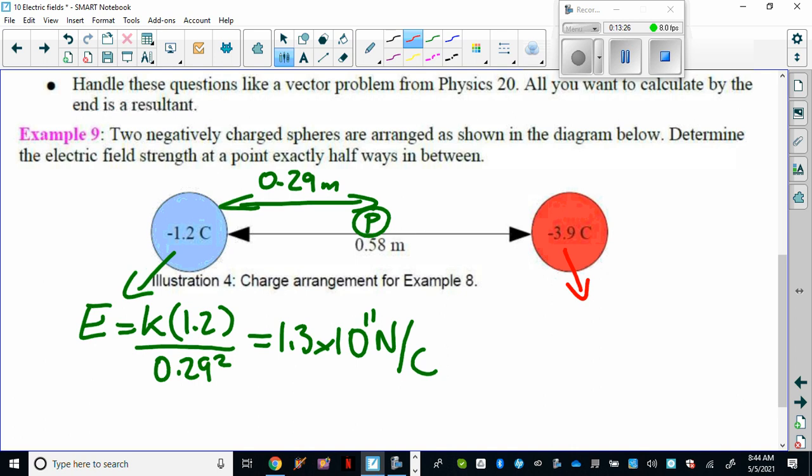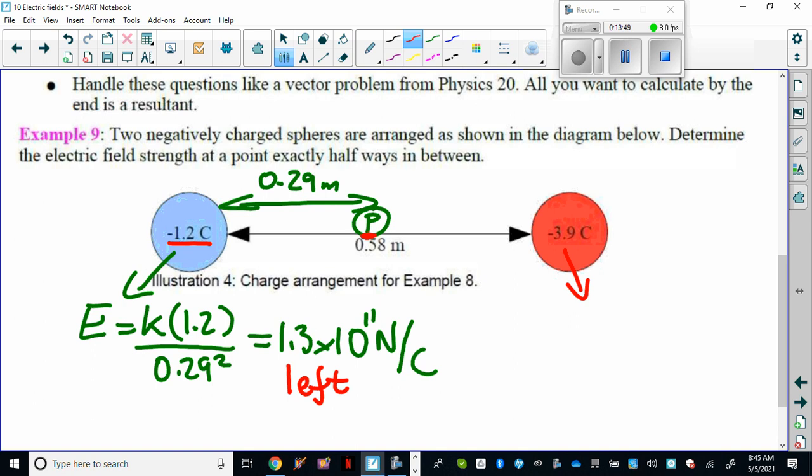Now, before we do that, let's determine the direction. What is the direction for this one? This is negatively charged. Our fictitious point P is positively charged, so the direction is left. This point here would be drawn towards the left.